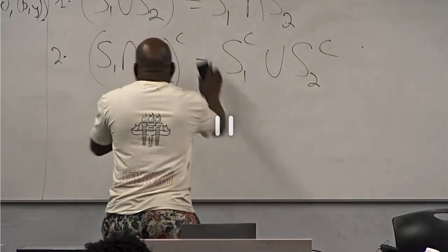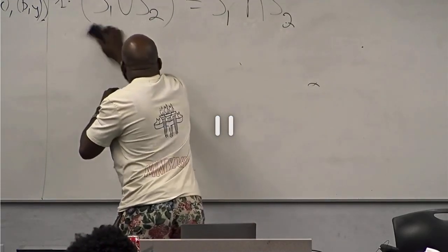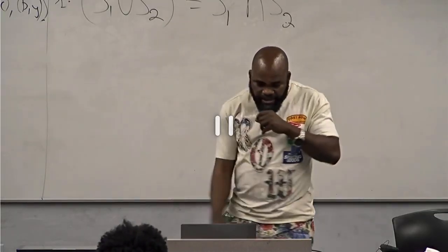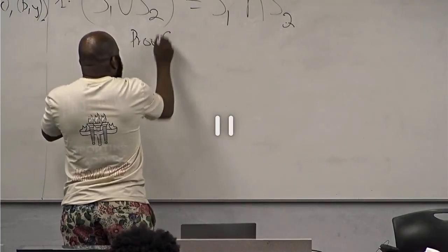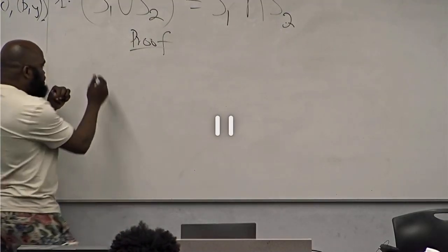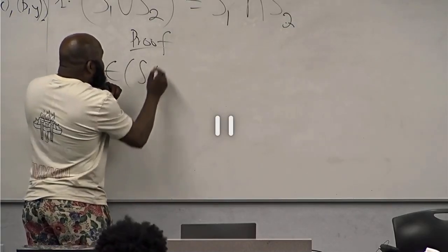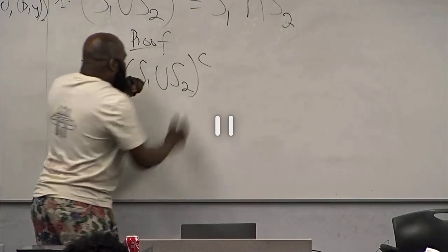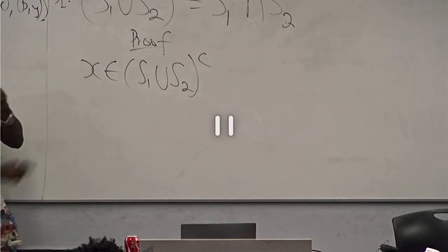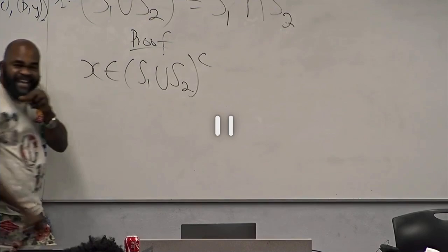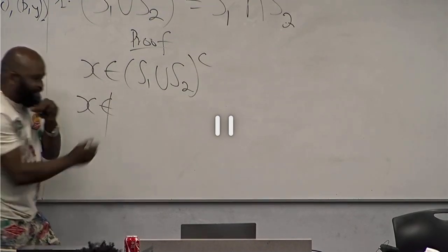Please pay attention. This is the first De Morgan's theorem. If I want to derive this, I'm going to say S lies in that. If S lies in the complement of that, then it means S does not lie in this.